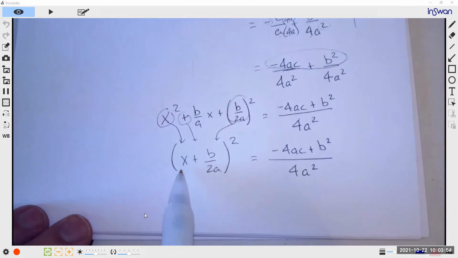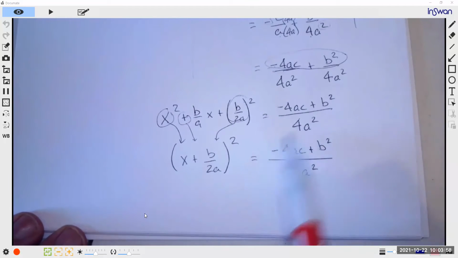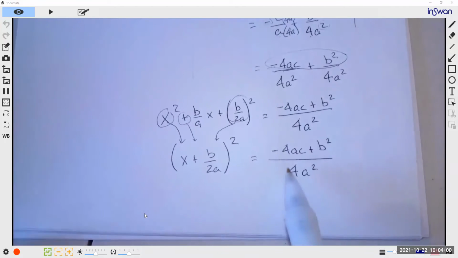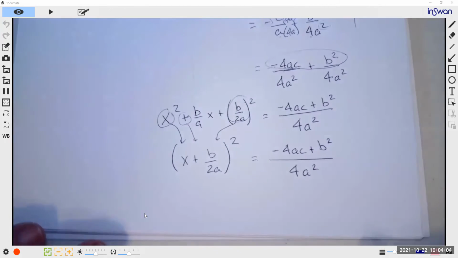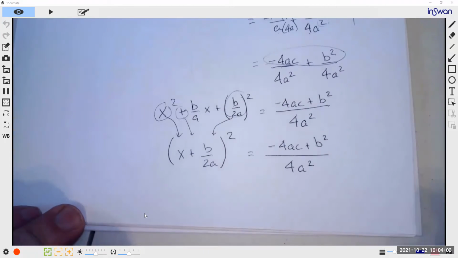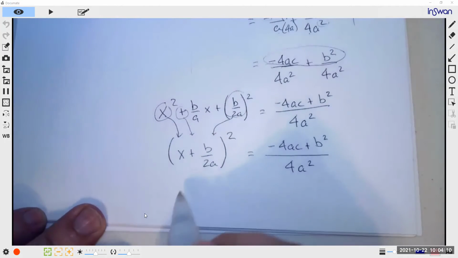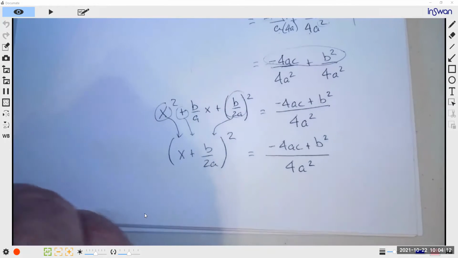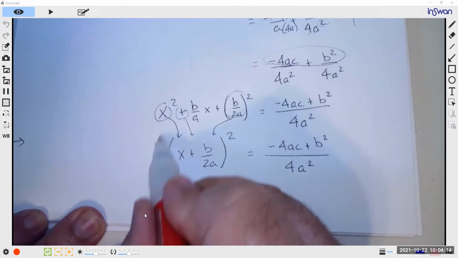Now we're trying to solve for x. We have one number on this side, because if I had a, b, and c, I just plug them in there and I get a number. So I have to square root both sides.